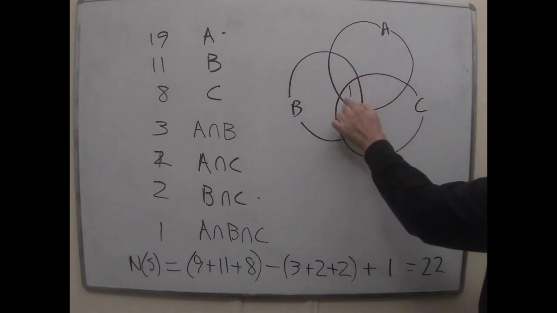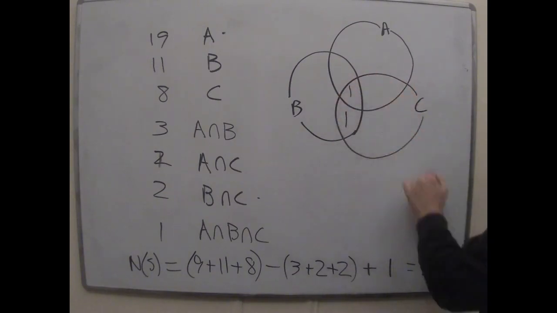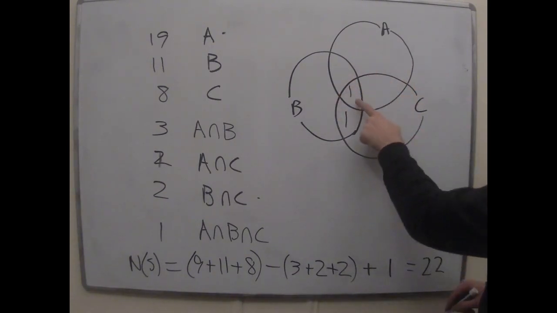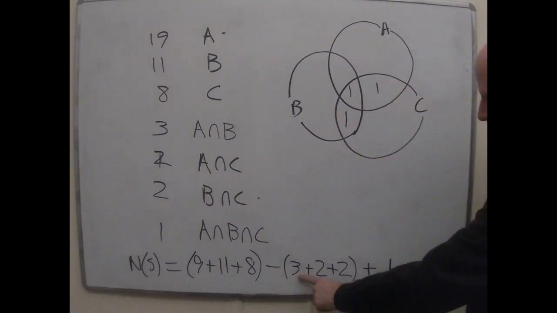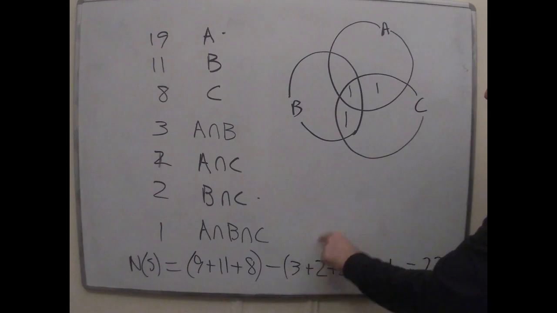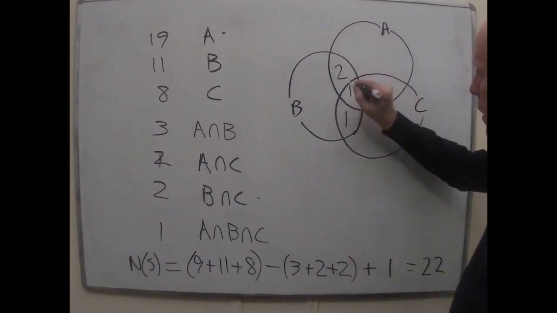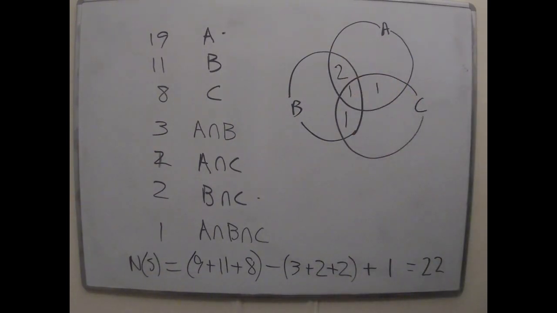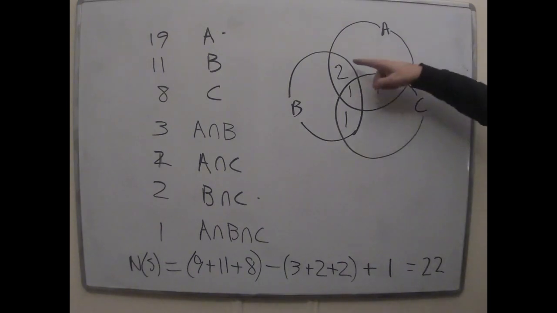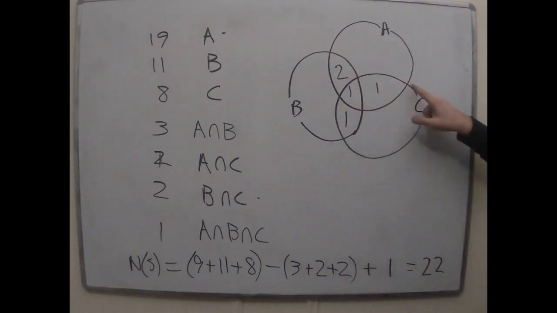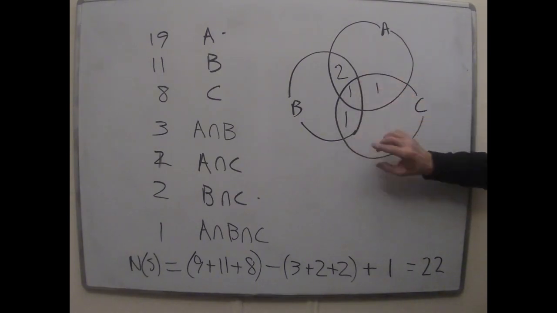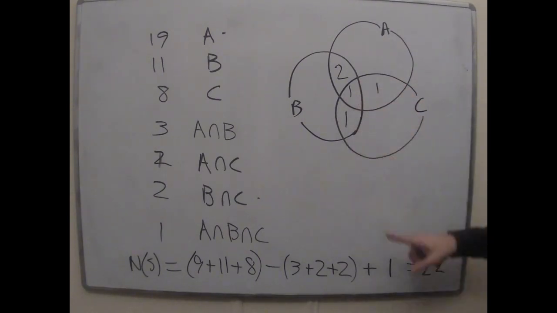So this football region between A and C has to have 2 things in it. It's got 1 already because of the 3-way intersection, so 1 more in there. And for A intersect B to come up to 3, we've got 2 that are in there. So just check me on this. The intersection of A and B has 3 things. The intersections of A and C have 2, and B and C have 2. And 1 thing in the full-on intersection.